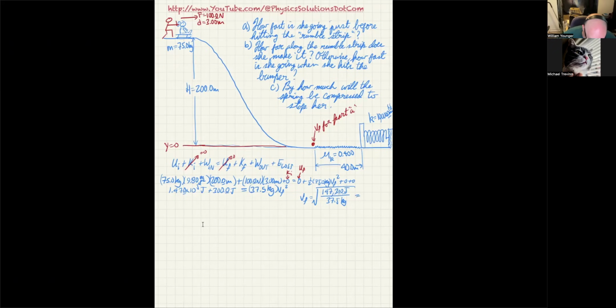That gives me the square root of 30, or excuse me, 3,928. And now I'm going to take the square root of that. The square root of 3,928 is about 62.67 meters per second. So that's the answer for part A.